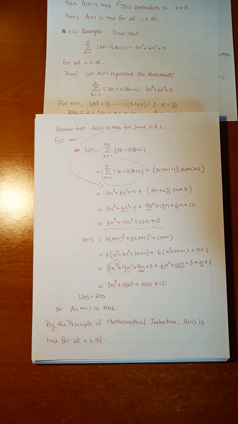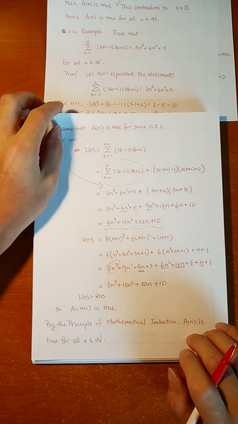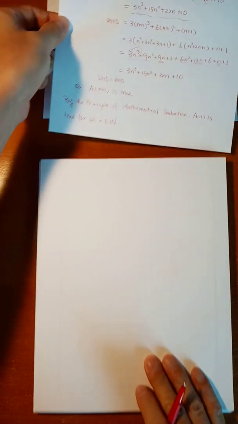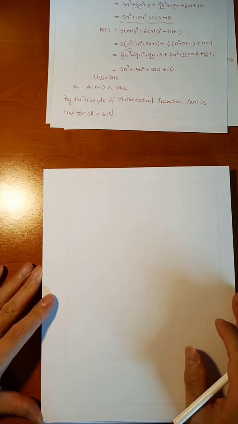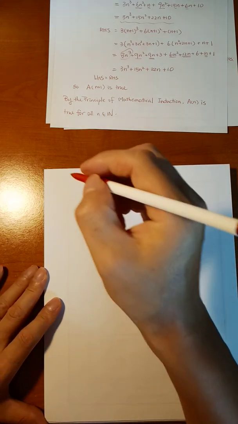Okay, so this is an example. Mathematical induction is a very, very useful strategy, especially when your statement depends on the natural numbers. Next, we're going to show that the natural numbers and the integers are closed under addition and multiplication.